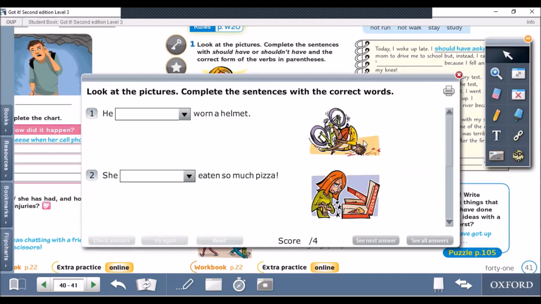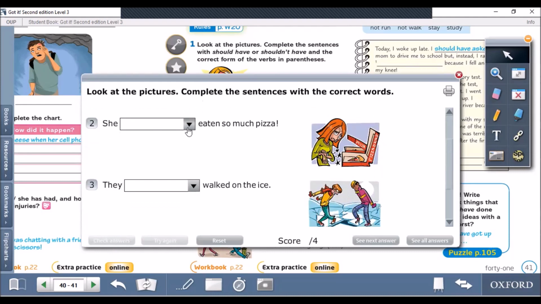Okay, now let's see the answers. Here, look at the image. He should have worn a helmet. She shouldn't have eaten so much pizza. Look at the verb, eaten.